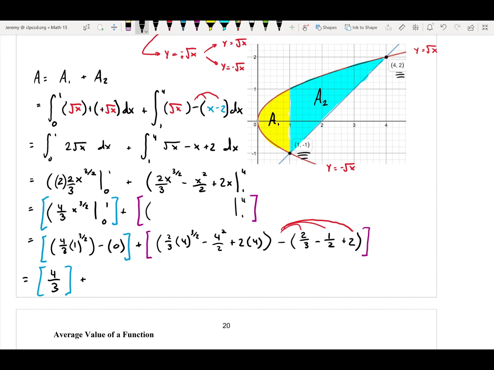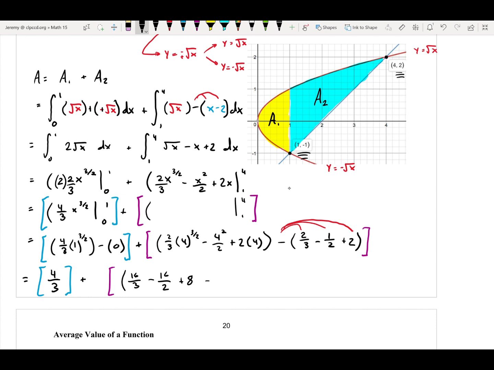And adding that to area 2, this is a little bit of work to simplify, but I'm left with 16/3 minus 16 over 2 plus 8. And then, I'm getting common denominators to add these other values together.